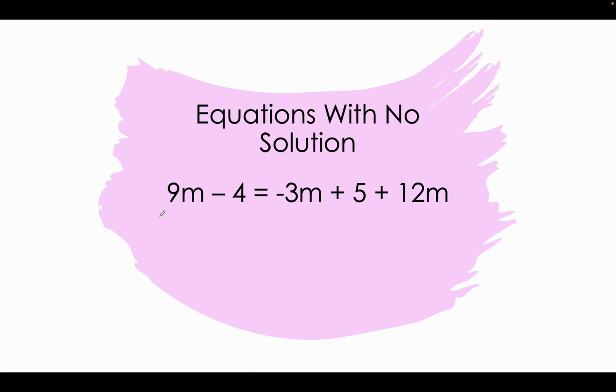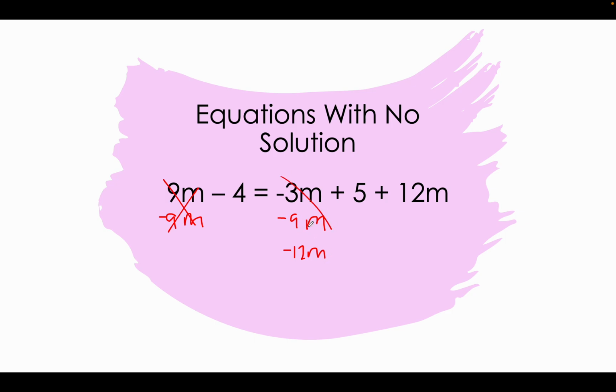So I'm going to start out by subtracting this 9m right there, because I have 2 m terms over here, and I want to combine them. So minus 9m is a total of minus 12m.